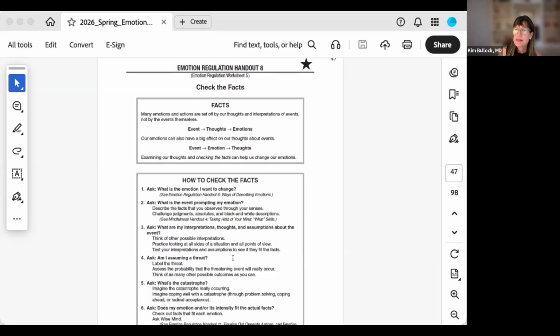Maybe it is scary to go to a party with your family and not know if you're going to have an FND flare, let's say. But does the intensity of your fear really fit the facts?